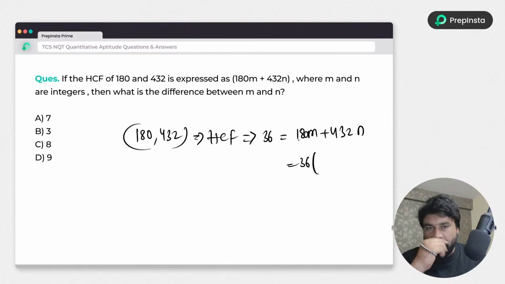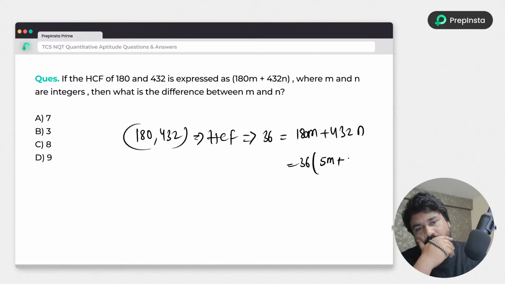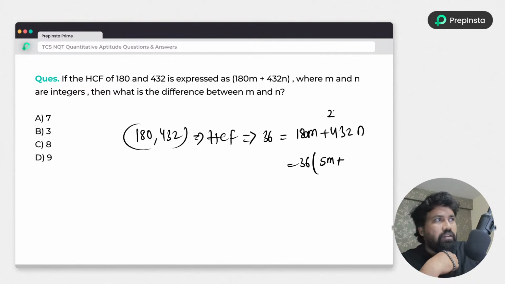If you take 36 common, it will cancel 5 times, so 5m plus, if you take 36 common, 432 is 2 power 4 into 3 cube, divided by 2 square into 3 square, so the answer is 12n.